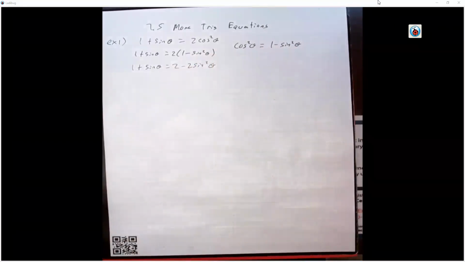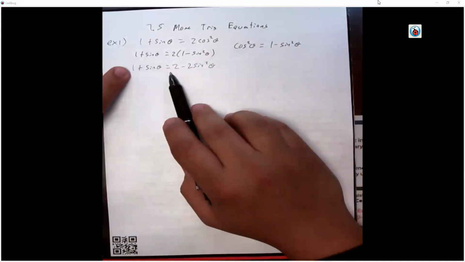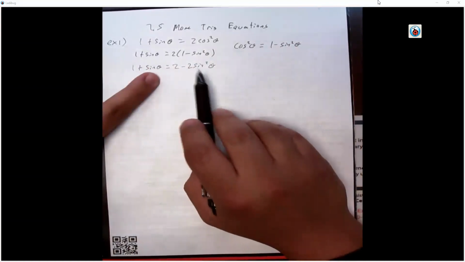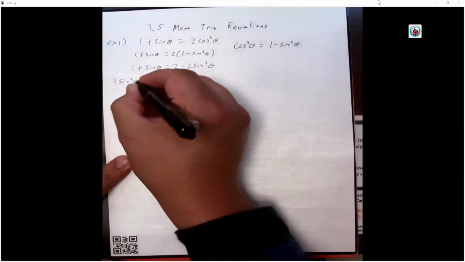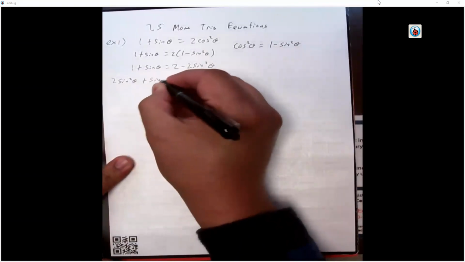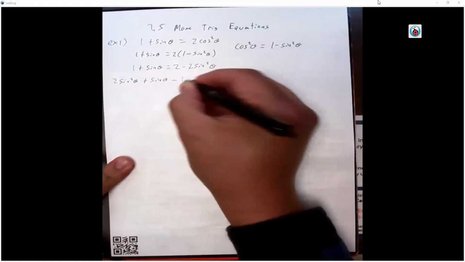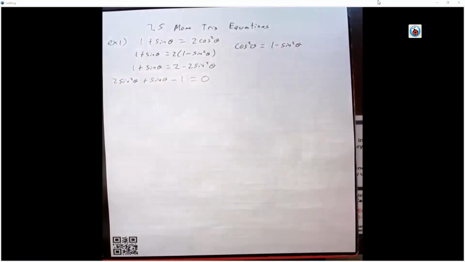I'm going to move everything to the left side: subtract 2, add 2 sine squared. I moved everything on the right-hand side to the left-hand side. It gives me 2 sine squared theta plus sine theta minus 1 equal to 0.